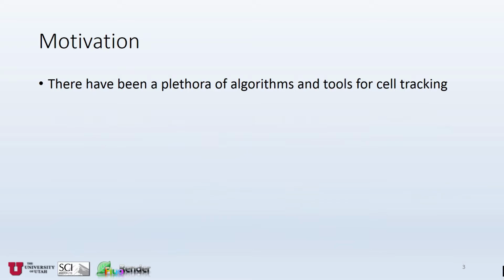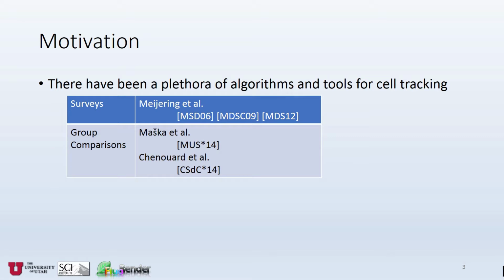Cell tracking is a research area that has been investigated by many groups for a long time. There have been a plethora of algorithms and tools for cell tracking. Here, we refer to the surveys by May-Jering et al., which listed different cell tracking methods and grouped them into categories. More recently, there have been studies on the performance of different methods through competitions.